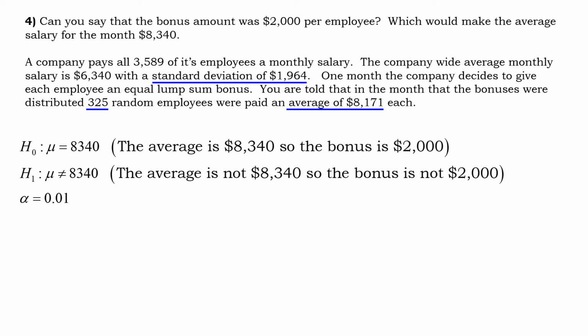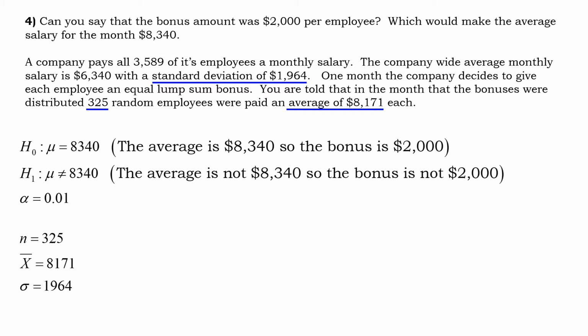The standard deviation, we don't know what it is for the sample of 325, but we know before the bonuses, the standard deviation was $1,964. So I have a sample size of 325, a sample mean of $8,171, and a population standard deviation of $1,964. How do I know that's sigma?